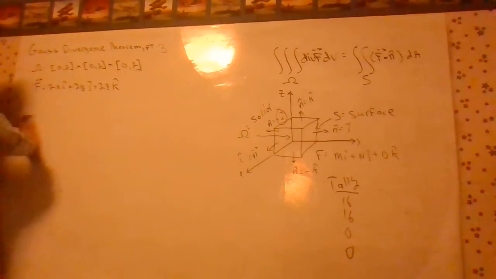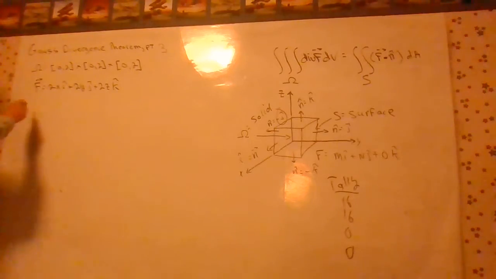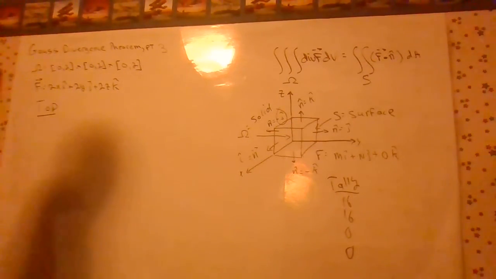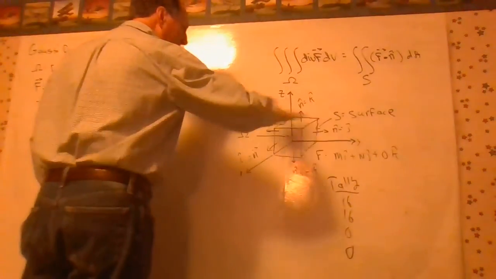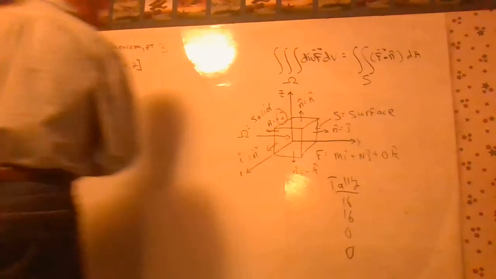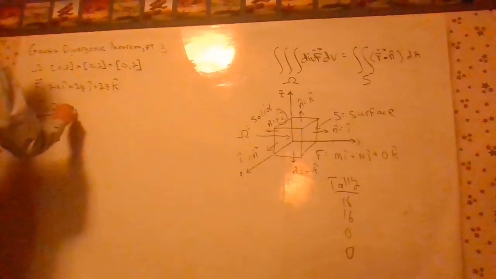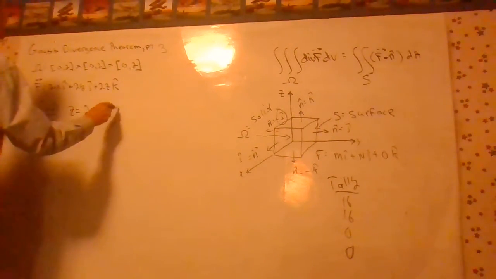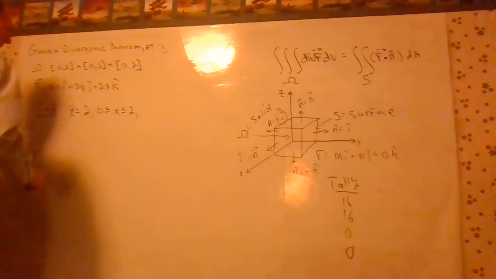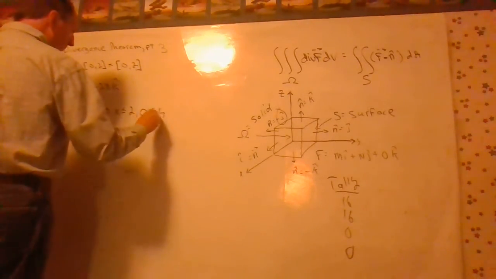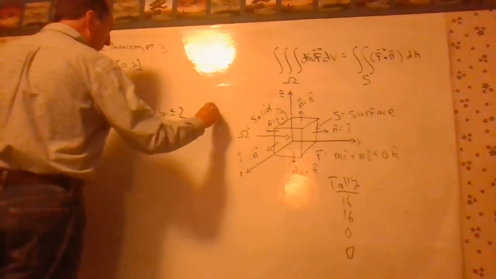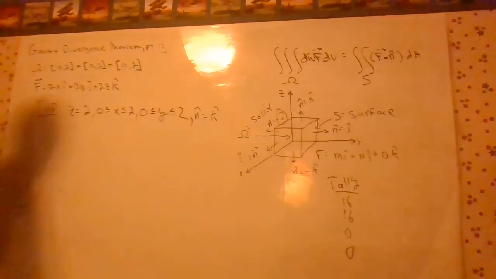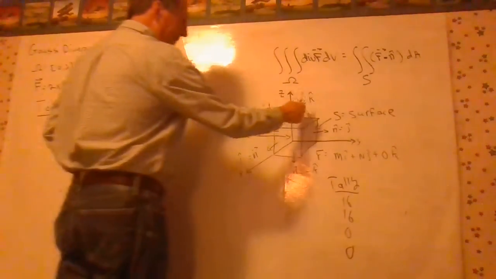I think I know where we can find it. Let's look at the top. Okay, on top, this is like an xy plane integral. Z is fixed at 2. Our unit normal is k, and that's this k vector right here.